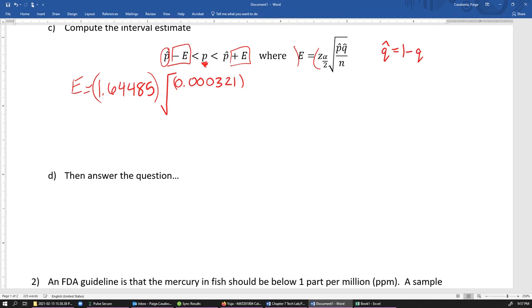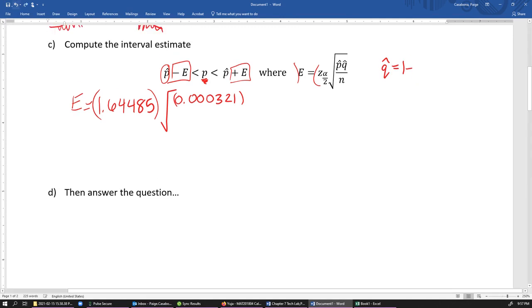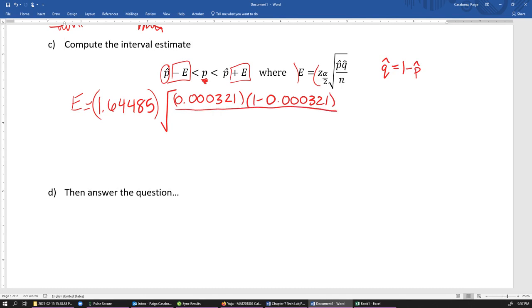Q hat is going to be 1 minus p hat, so 1 minus 0.000321. Notice that I'm using the decimal values there and not the percentages. Otherwise, this won't work out the same. And then our n value, the size of our sample, goes in the bottom. So we've got this big square root here.